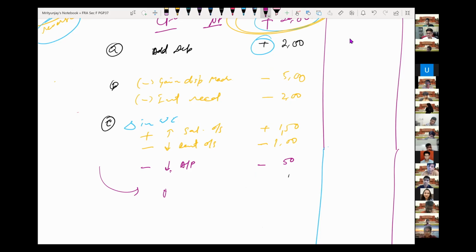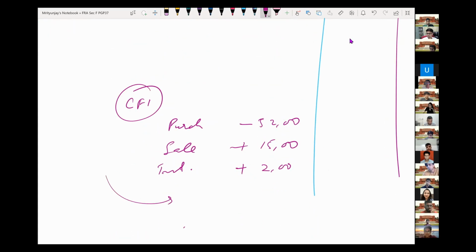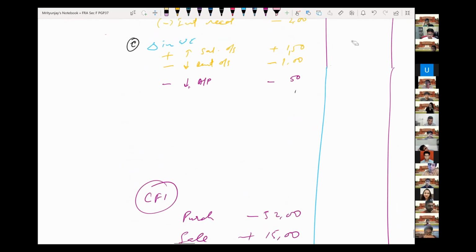What are you going to do about that here? Nothing. Short-term investment, as I have said, should go in the investing activity. So we will bring its impact in CFI. Okay. Next one is going to be your short-term loan.